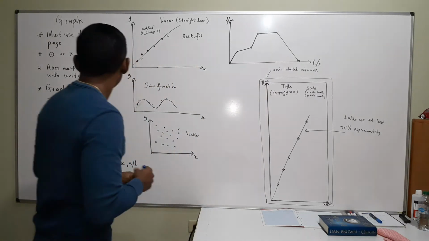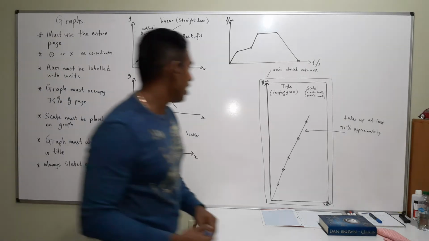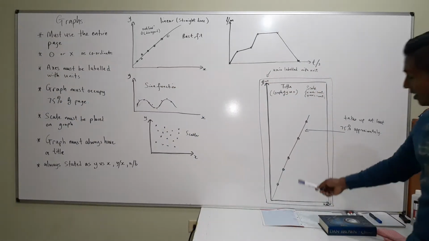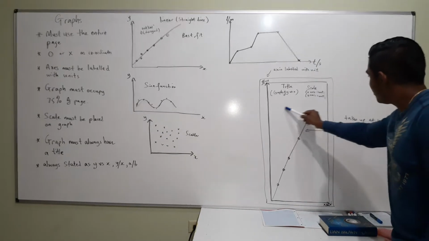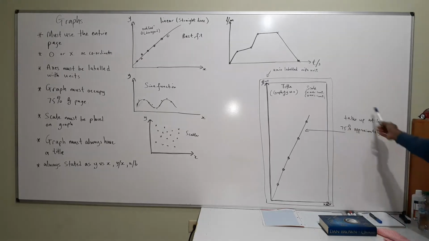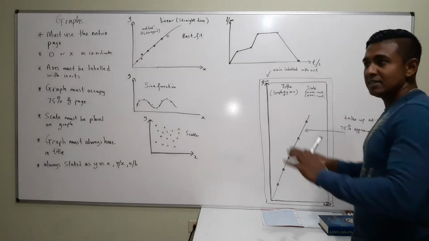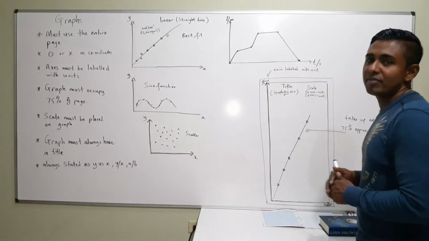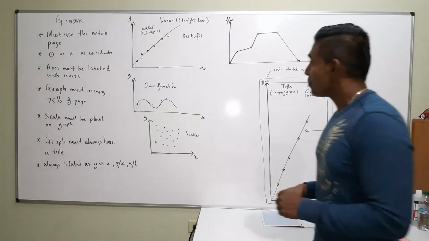The next thing is that the graph must occupy 75% of the graph page. The graph that we plotted takes up approximately 75% of the graph page. You don't want to take a graph page and draw a very little graph there, because then it's very difficult to do accurate analysis on it.